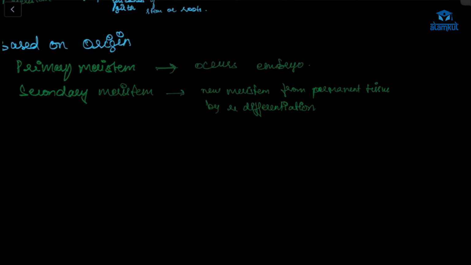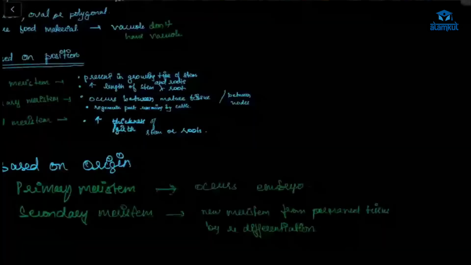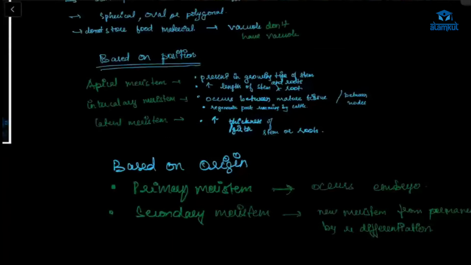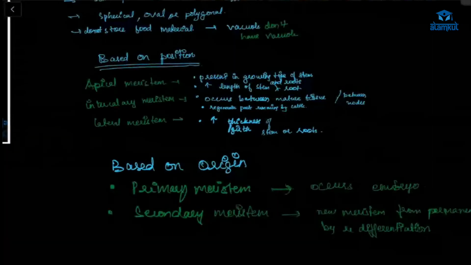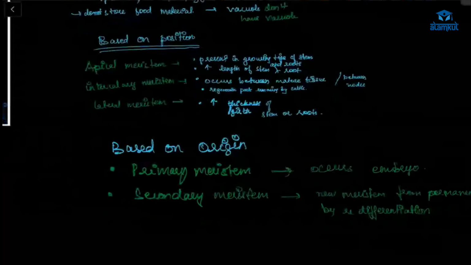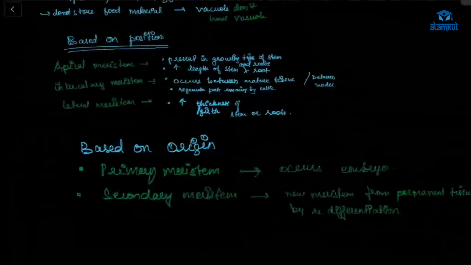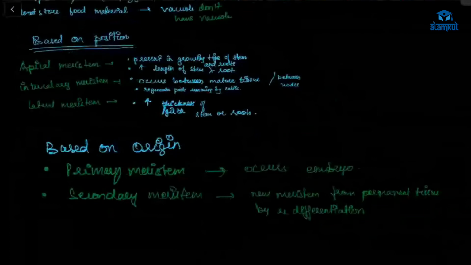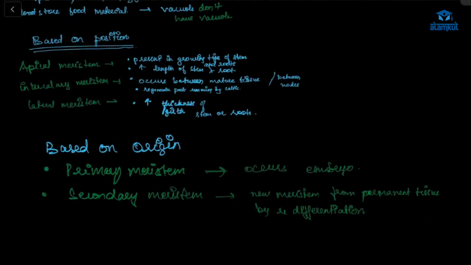After all these happen, right? Apical meristem, intercalary meristem, lateral meristem. This apical and intercalary meristem, what will they do? They will keep on growing and they will get differentiated into permanent tissues, and they will function for particular things.